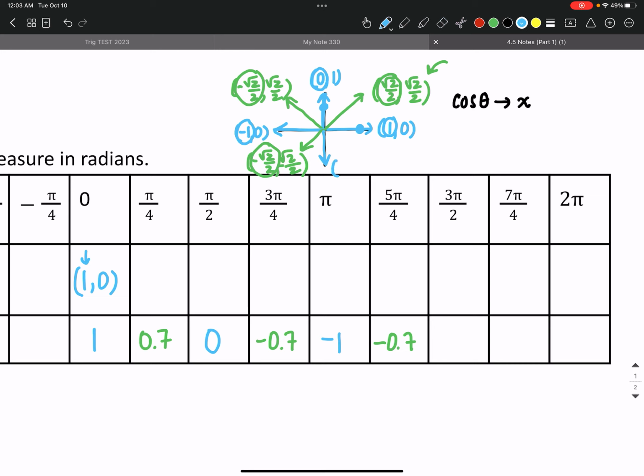The point on the unit circle is (0, negative 1), so my x value is 0. Then I have the point for 7 pi over 4. That's in the fourth quadrant with the reference angle of pi over 4, so the point on the unit circle is (square root of 2 over 2, negative square root of 2 over 2), and I'm looking at the x value, so I put 0.7. And the last one is 2 pi, which is here, so it's 1 again.